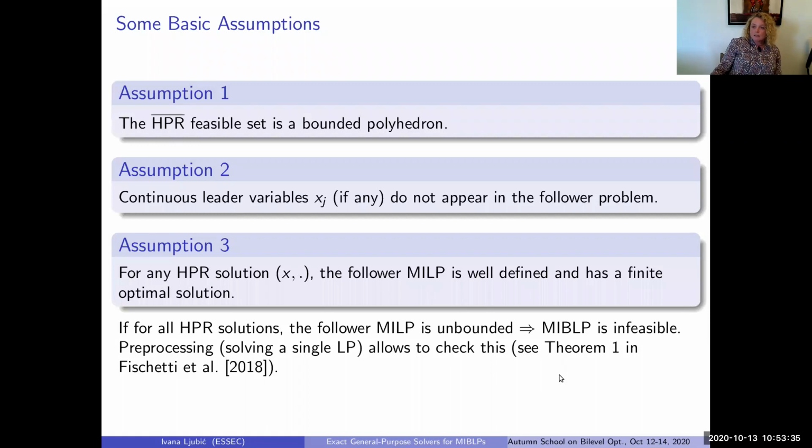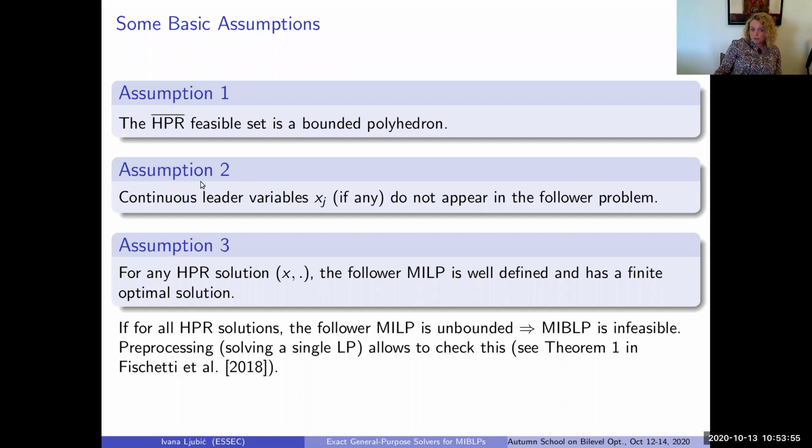So what are the assumptions that we will need? First of all, that the LP relaxation of HBR is a bounded polyhedron. And as I said, from the practical perspective, this is probably not very critical because you understand your problem, you can introduce reasonable bounds on the variables.